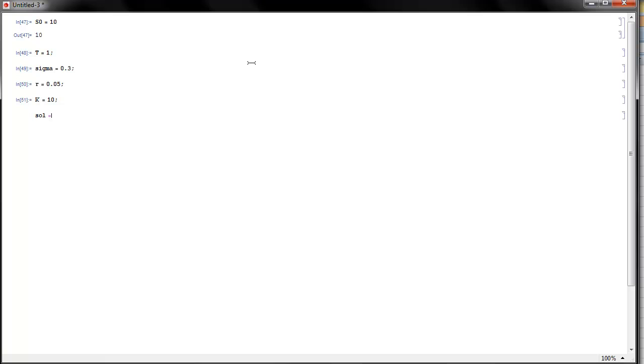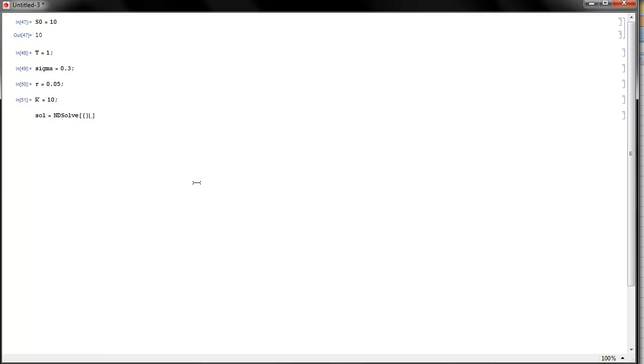We call a function called NDSolve. Be careful about capital letters. And so this is a numerical solution to a differential equation. Okay, DSolve means it involves some differential equation, and N means numerical approach.